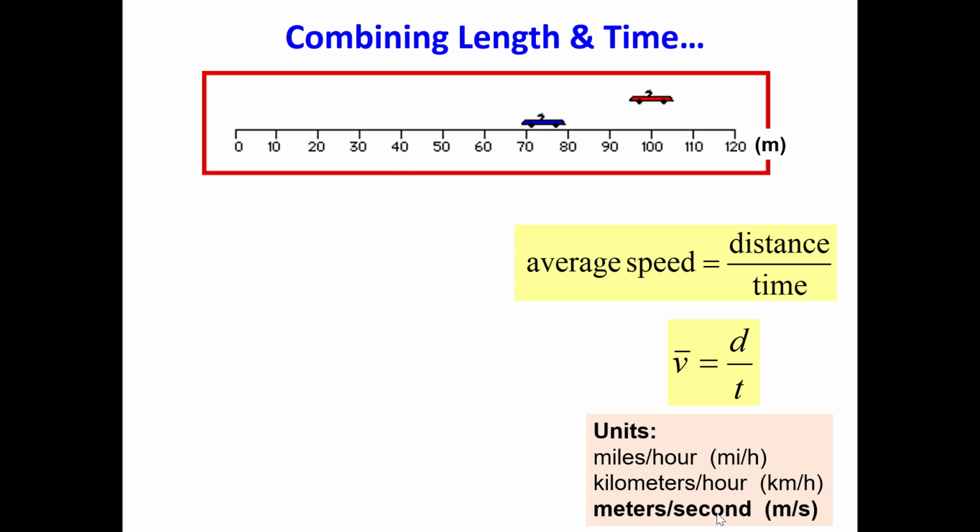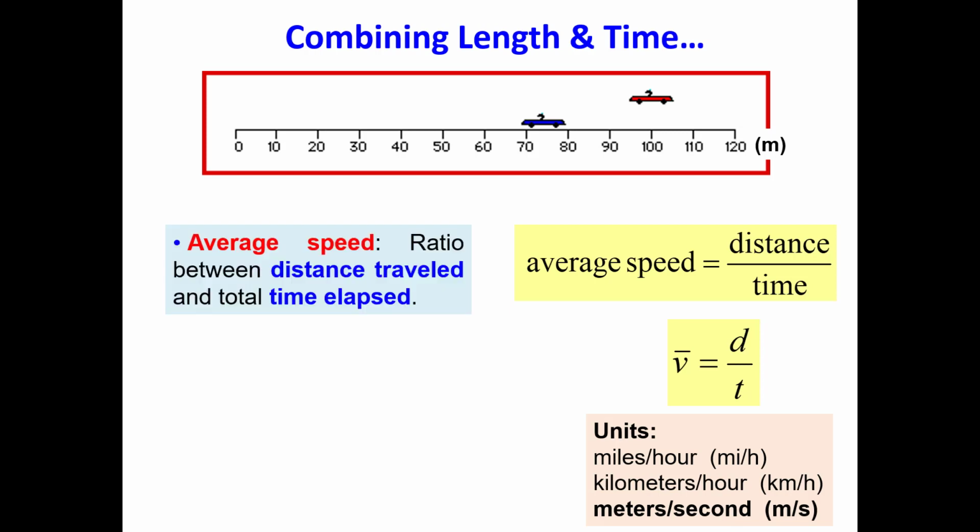Yes, all these are units of speed. It is always the units of distance or length divided by the units of time. Then we can define the average speed as the ratio between the distance traveled and the total time elapsed.